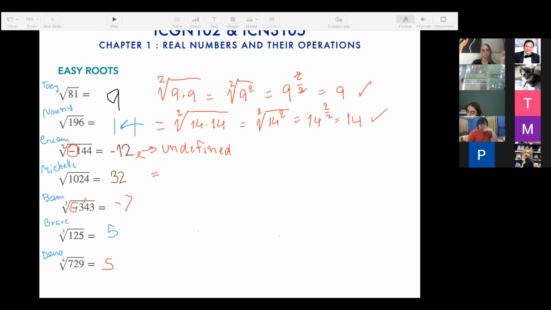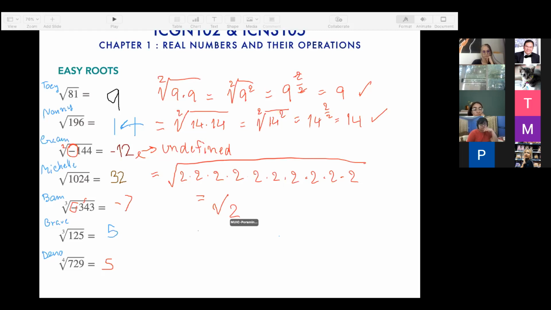In this one, I am a computer man, so I know that 1024 comes from multiplying 2's together. So it equals the square root of 2 to the power of 10, which is equivalent to 2 to the power of 10 over 2, that is 2 to the power of 5, which is 32. So this is correct.